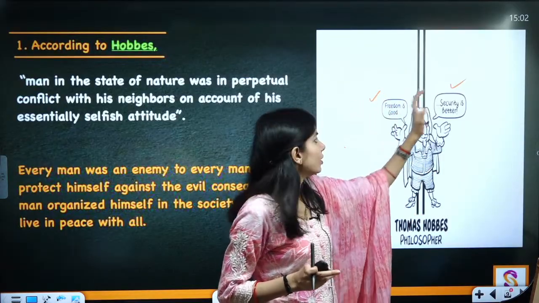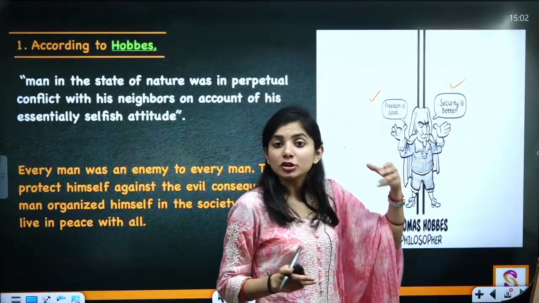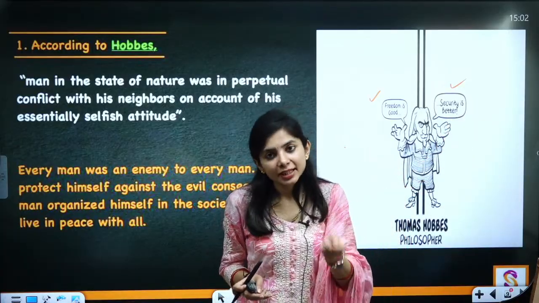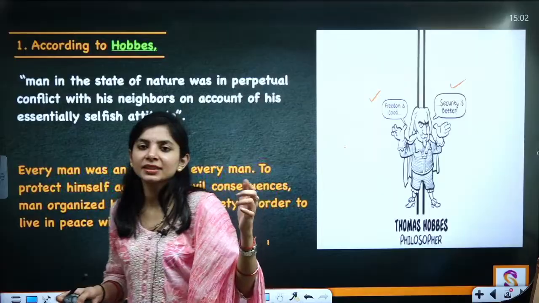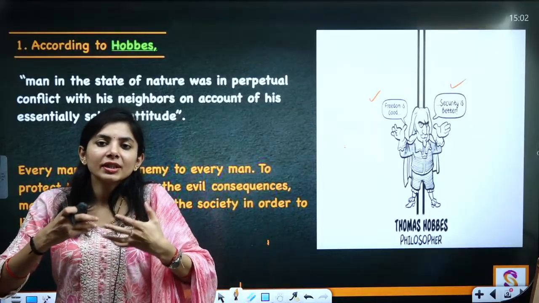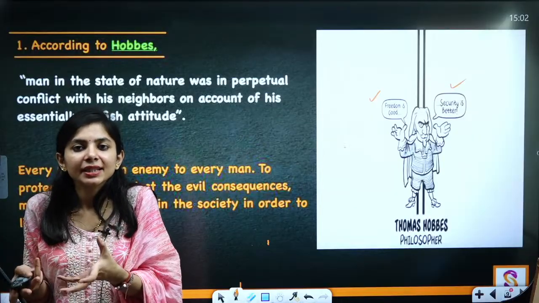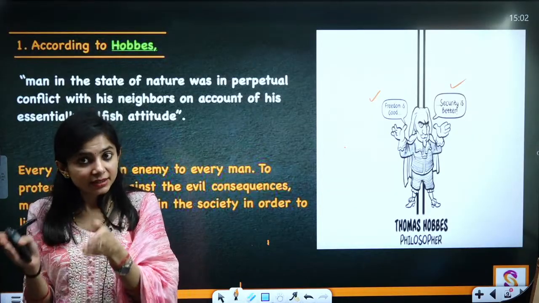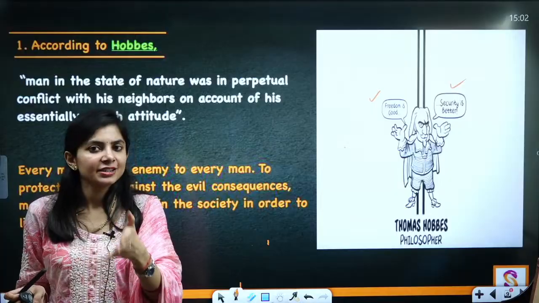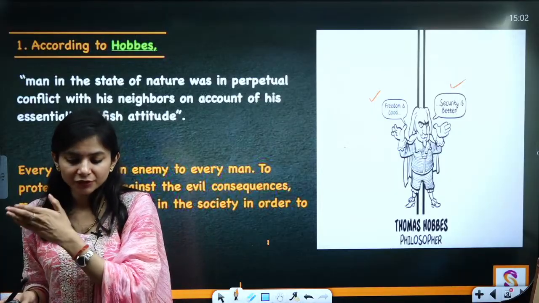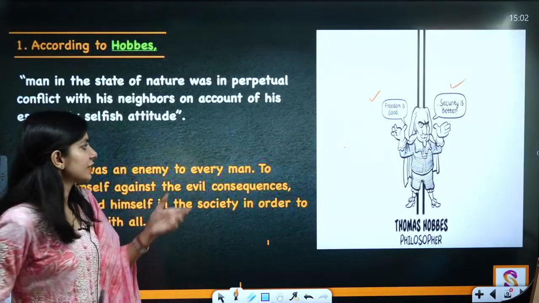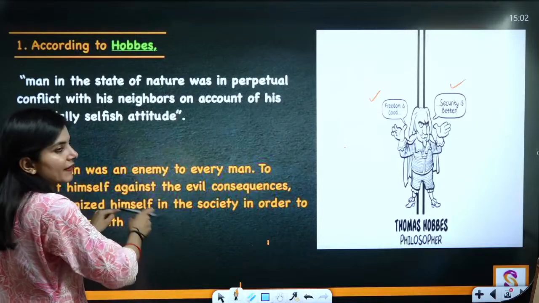Either freedom is good or security is better. So when the people realized security is much better than freedom, they gave up their right of freedom, and that's why they accepted the state to be there. And the state, as you know, is the third stage of society, and this third stage of society is specified like this.